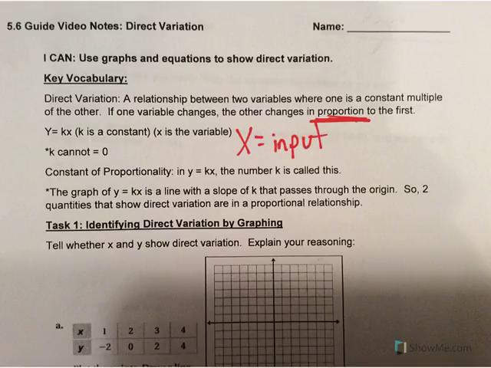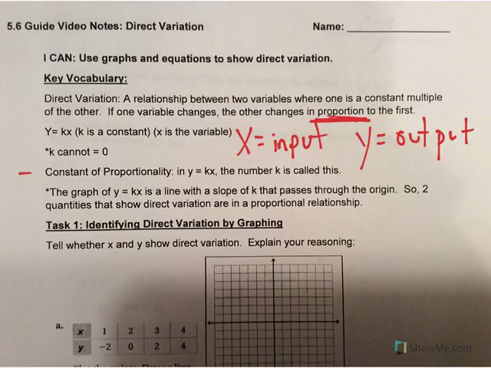We've talked about this in class. And y is your output. So as the x changes, your input, the y is also going to change, your output, and they're going to change in proportion to one another. And the only exception in this equation is that k cannot equal 0. We'll discuss that in class.